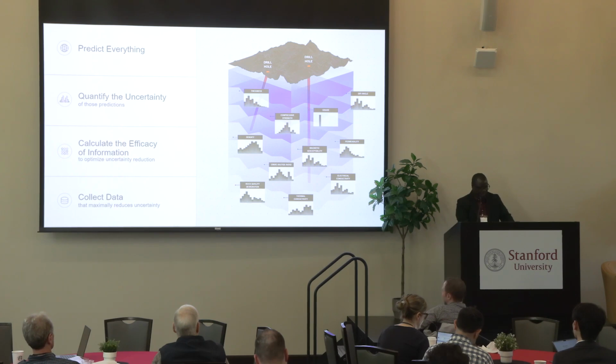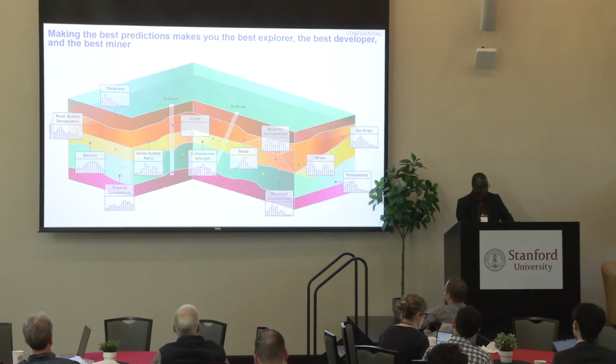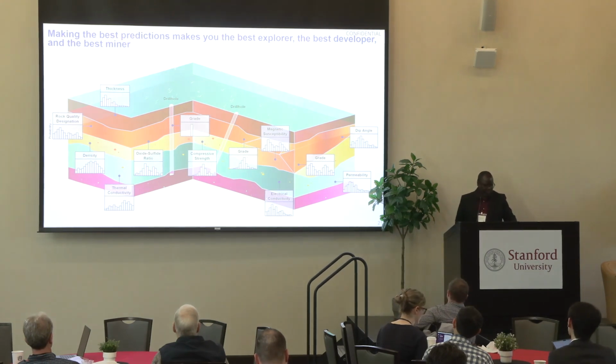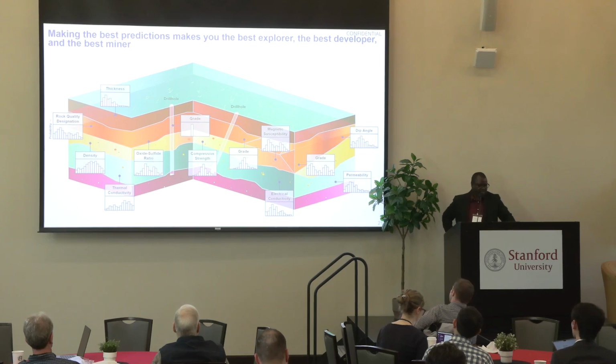So this is just another way of looking at it. This is what we measure, the different things that we look at, again for mine planning as well as mine operations. Once we get into mine operations, we look at the thickness of the ore body.